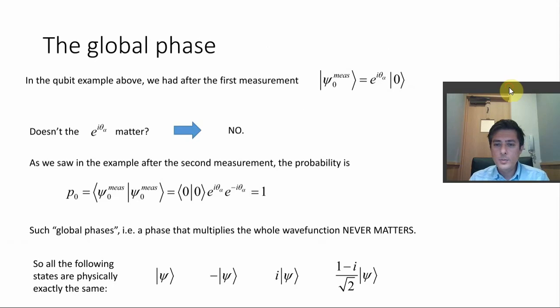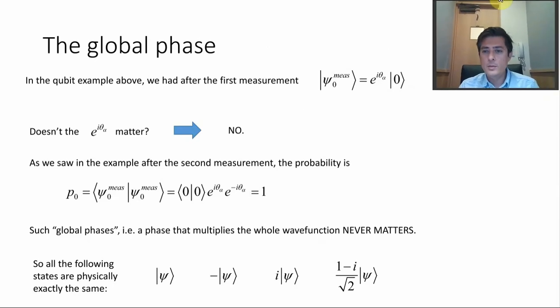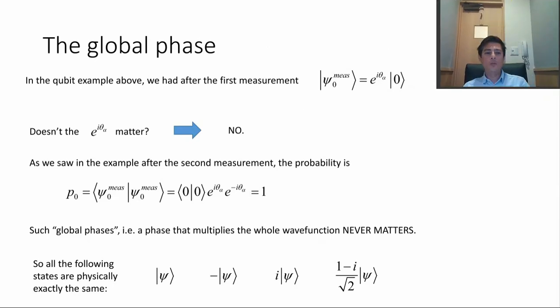All right, so now let's talk about this phase that's always been floating around here. After the first example, we always had this phase, e to the i theta, and as I've alluded to already, this phase actually never really matters.